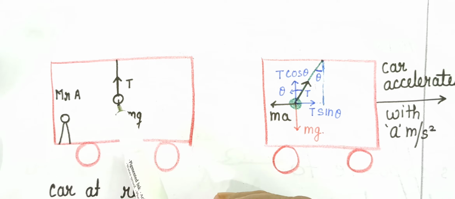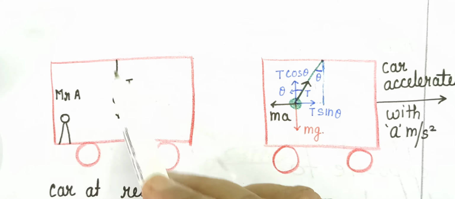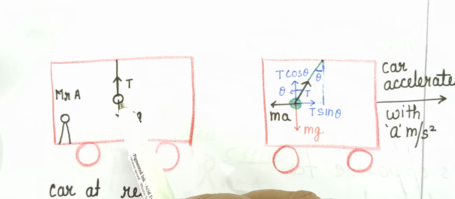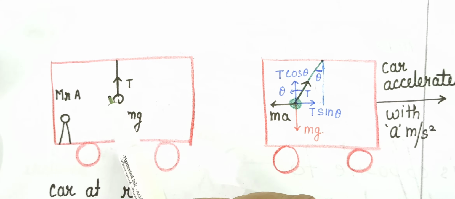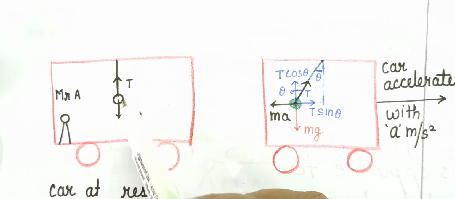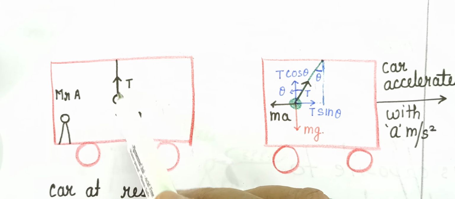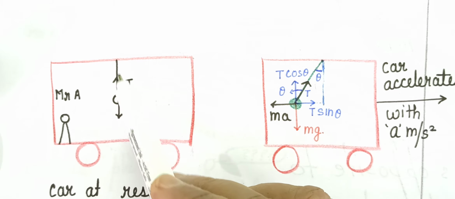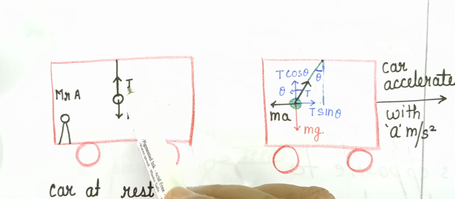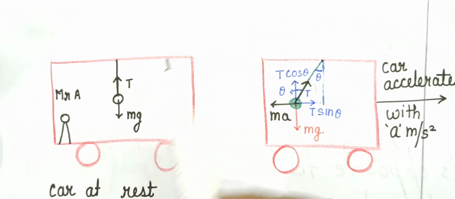He watches the simple pendulum, and he sees that the simple pendulum is in vertical equilibrium position. He observes that gravity is pulling the bob down, but the thread is pulling the bob up with tension force, and the bob is in equilibrium.